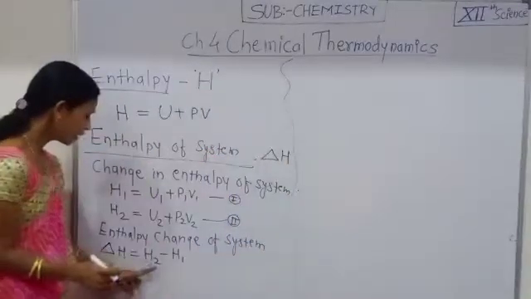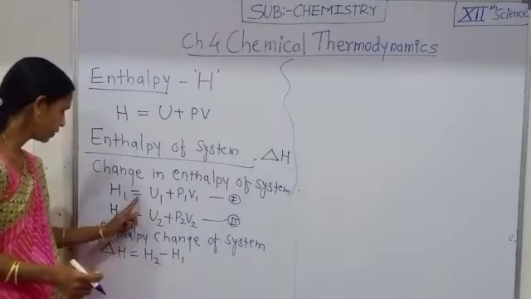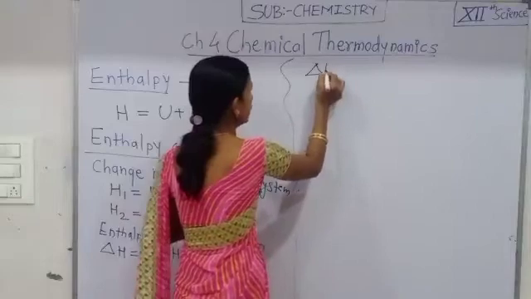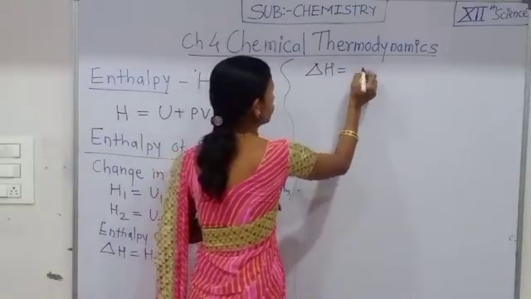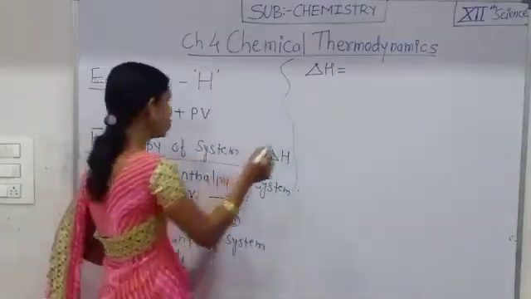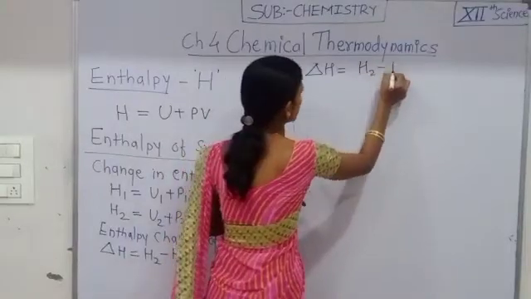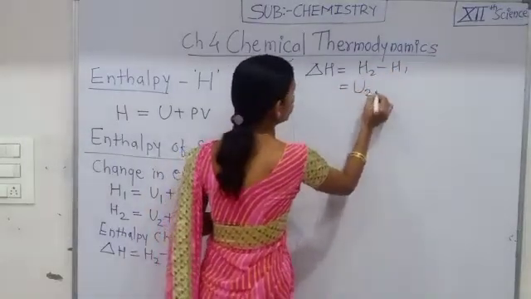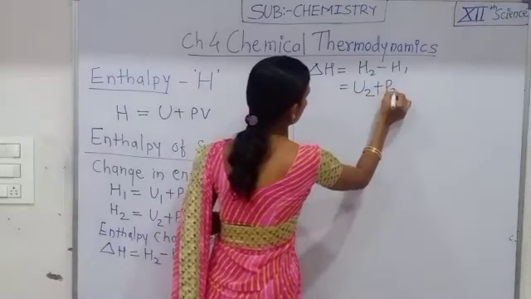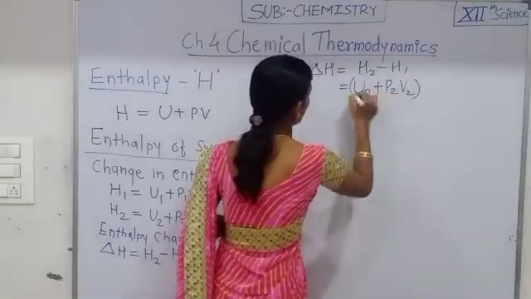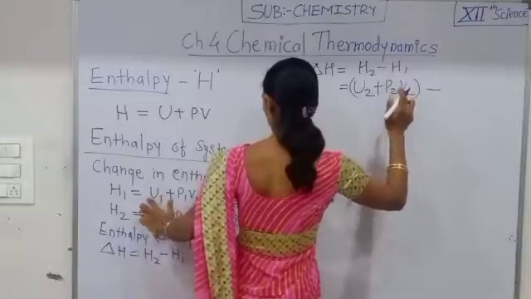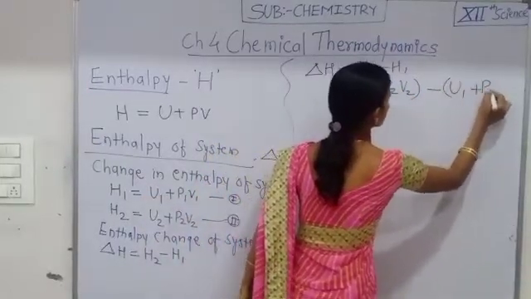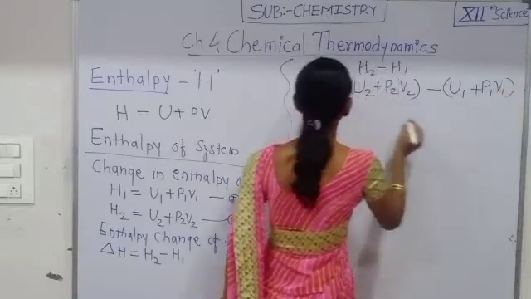Putting the values of H2 and H1 from equations 1 and 2, delta H is equal to H2 minus H1, whereas H2 is U2 plus P2 V2 minus H1, which is U1 plus P1 V1.